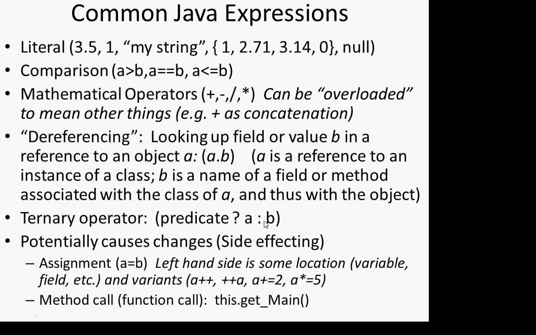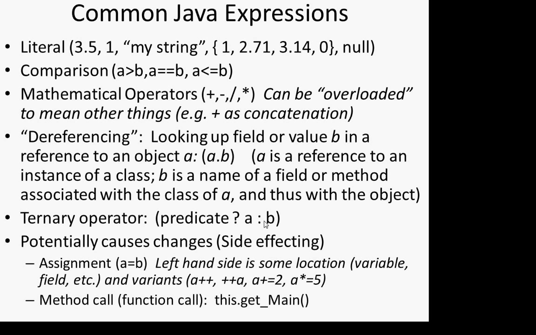A++ changes A, but returns the value before it incremented. And a method call, like this dot get main, might change something depending on what's in the method, but it returns a value. In this case, it returns the main reference associated with this.